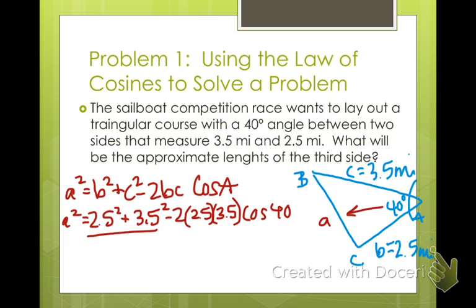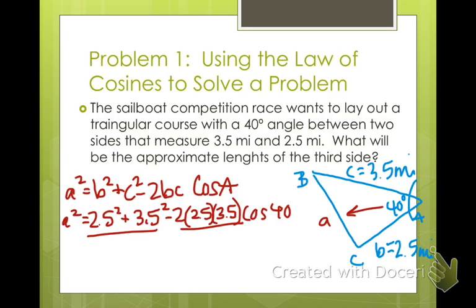You can multiply this stuff, get as much done beforehand, or you could just put it all in your calculator and see what happens. As long as you're using a graphing calculator or a scientific one, it should multiply them in the correct order and add and subtract them like it's supposed to.